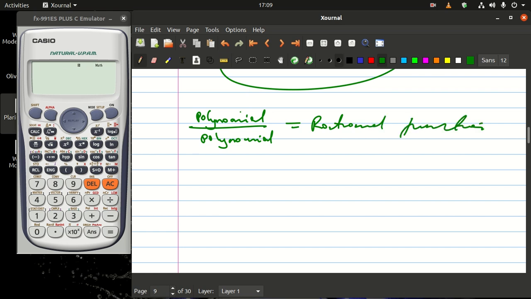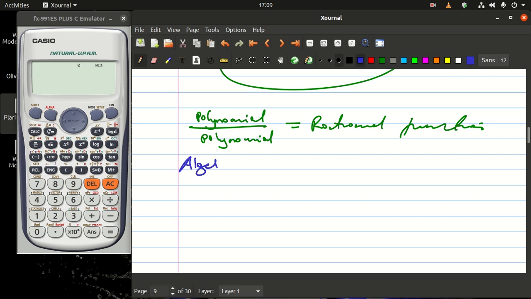Now once I include a root, it's no longer a rational function, which means we need more types of functions to give us a more general class of functions that include everything, including taking the square root, or adding two polynomials, or dividing two polynomials, and multiplying two polynomials, and all these kinds of things. Now that's when we start to talk about algebraic functions.